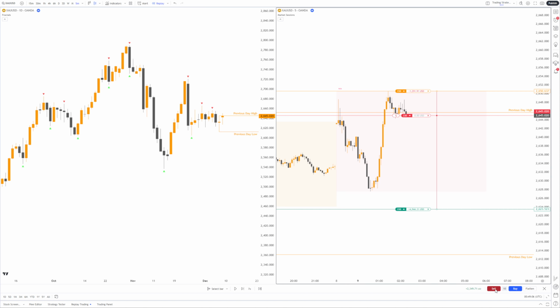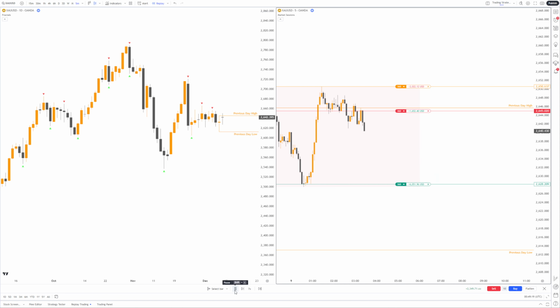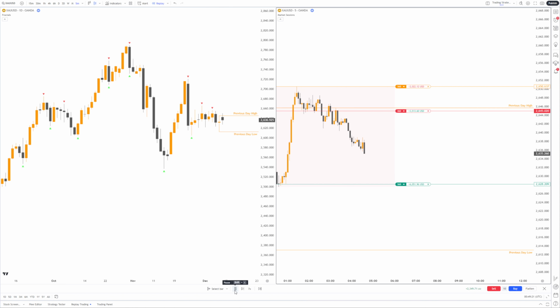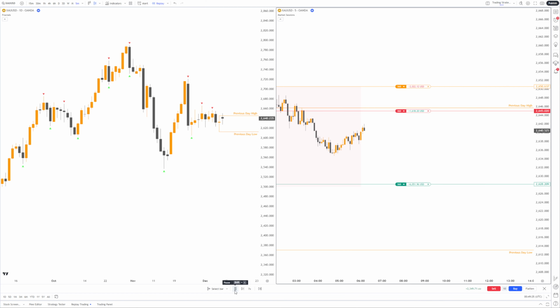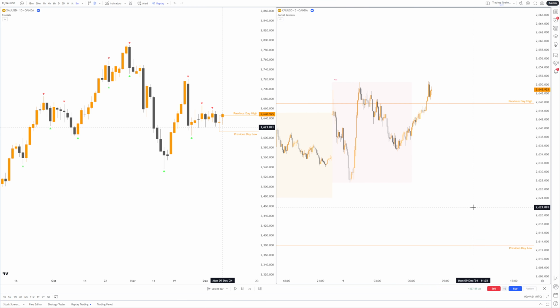We will do 2K, 6K target. Let's see what happens. We are up 2.6K. And we got stopped out. So up 2.6K and we're getting stopped out.